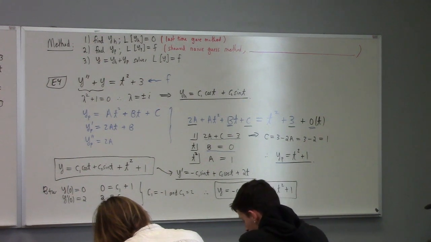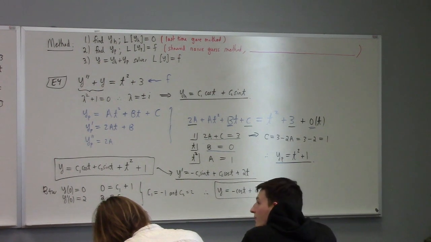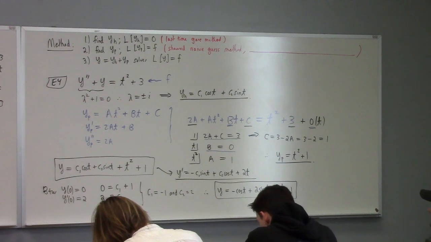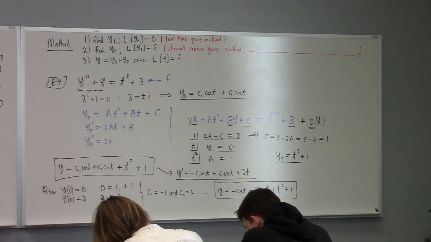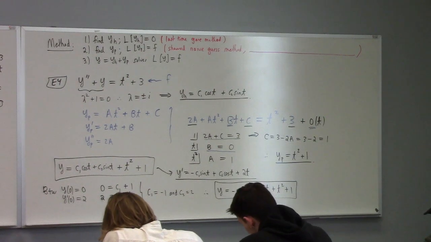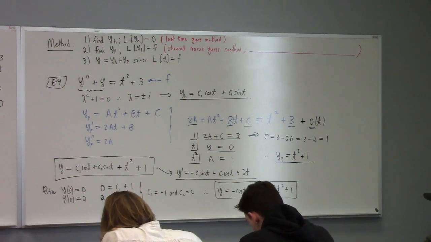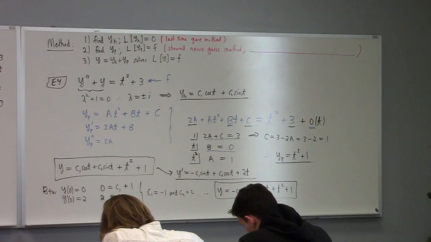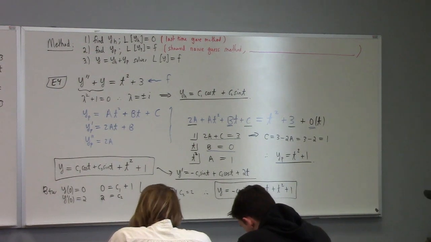So here's an example 5. Suppose I'm up against y prime prime minus y is equal to e to the t plus t. All right?